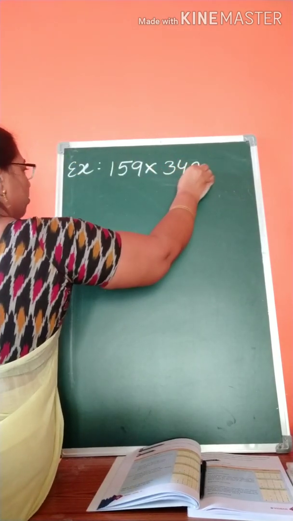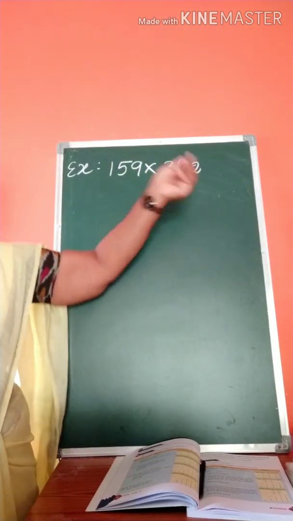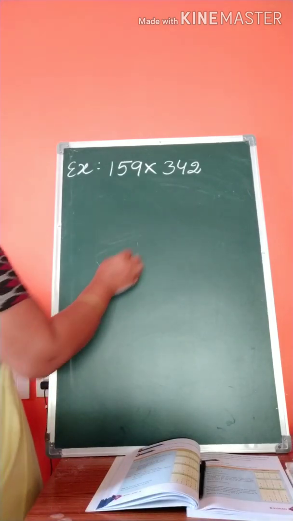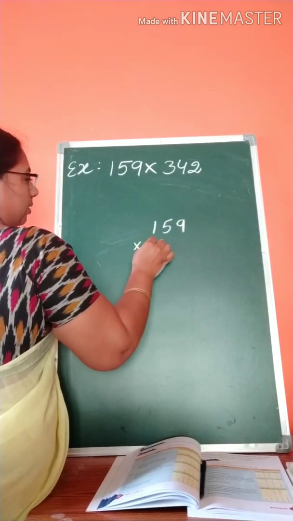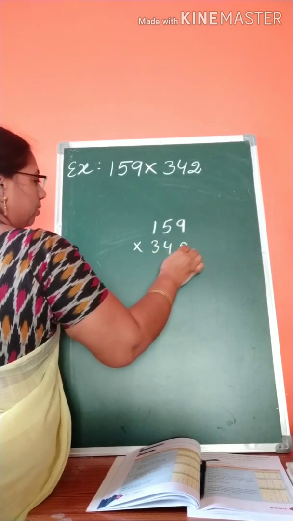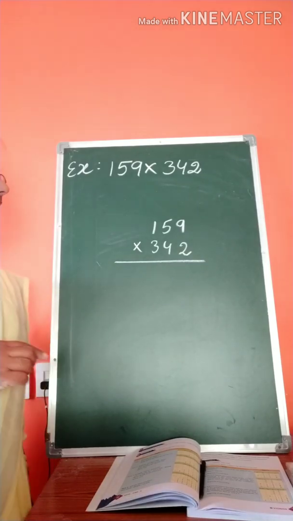See here, the example is 159 into 342. Arrange them, children. So 159 into 342. The same process again, children.